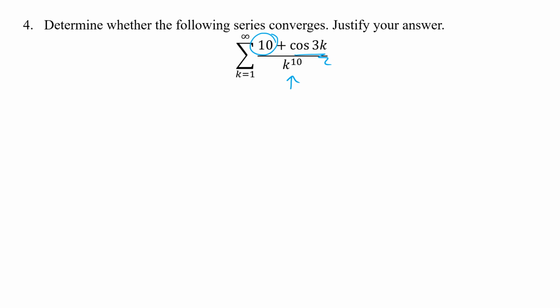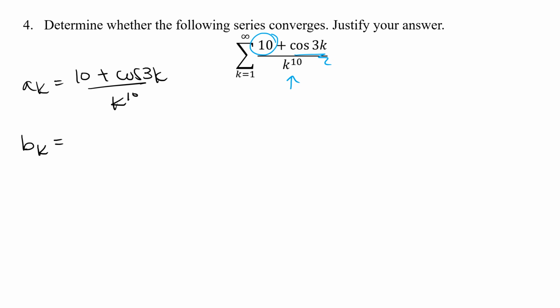All right, so maybe you can think that possibly we can apply the comparison test with this one. So that means if our a_k is what we have here inside of our summation, then what should we let our b_k be?